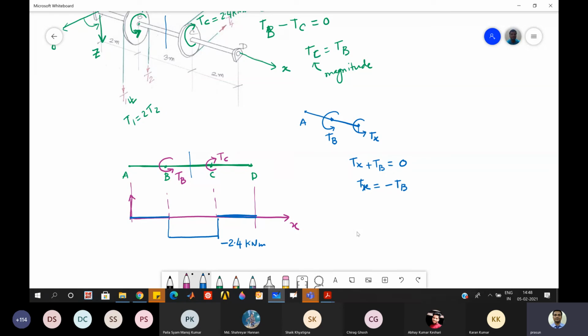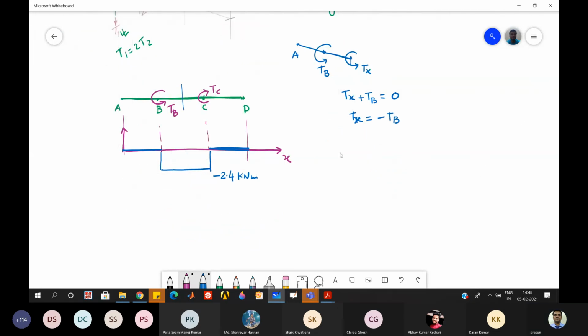Some people have represented P, and some R, S, something like that. I think it's a very interesting thing, and some students also got some very interesting curves. That will be a nice approach for learning the concept of SFD and BMD.